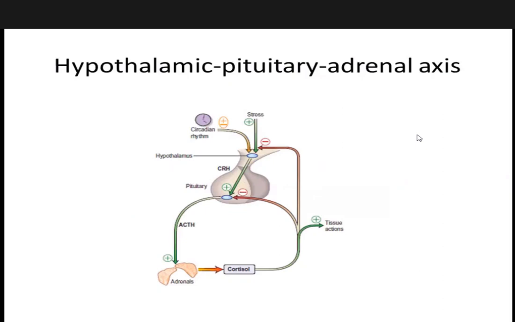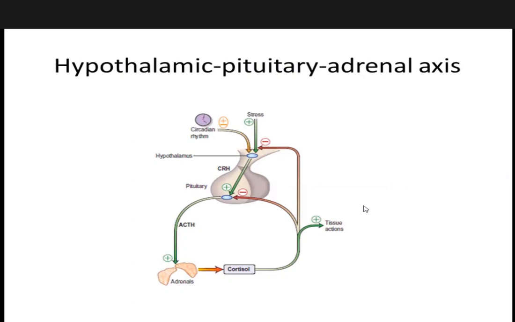Right? So the secreted cortisol will have a negative feedback effect on the pituitary gland and the hypothalamus. But when it comes to aldosterone, it's mainly dependent on the renin angiotensin aldosterone axis rather than the hypothalamic pituitary adrenal axis.